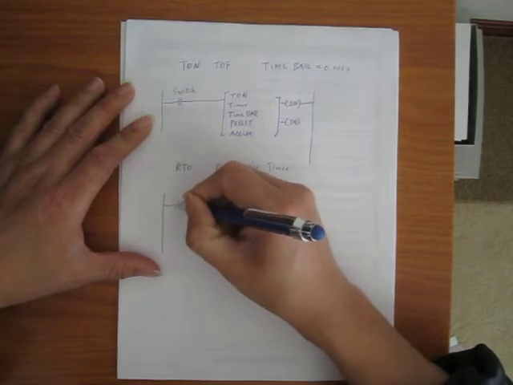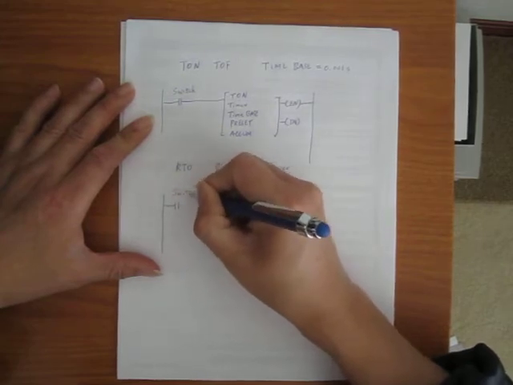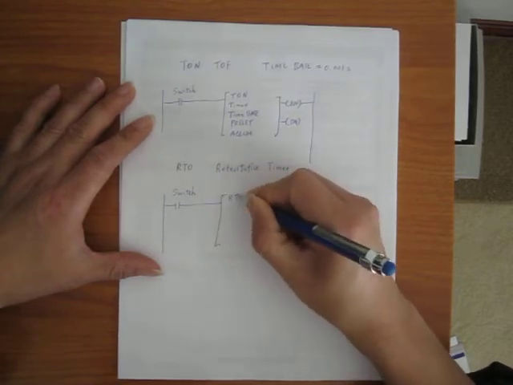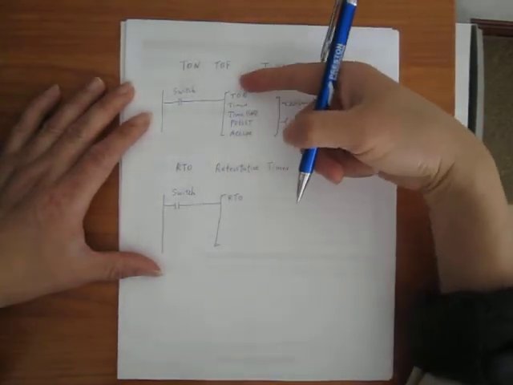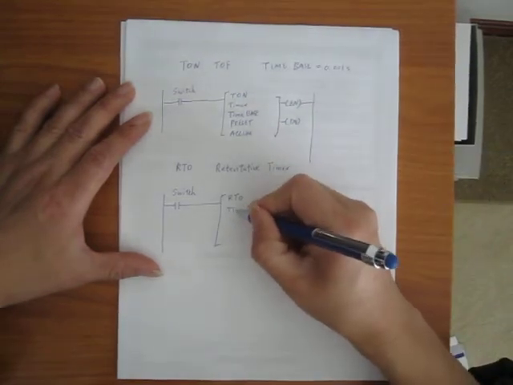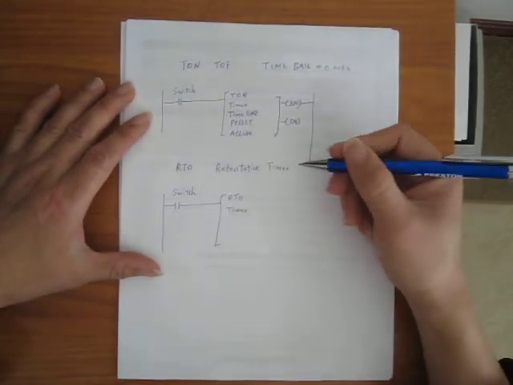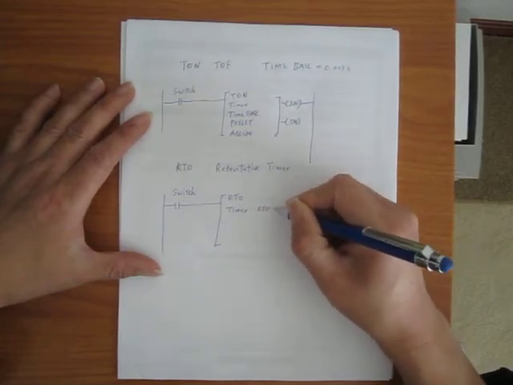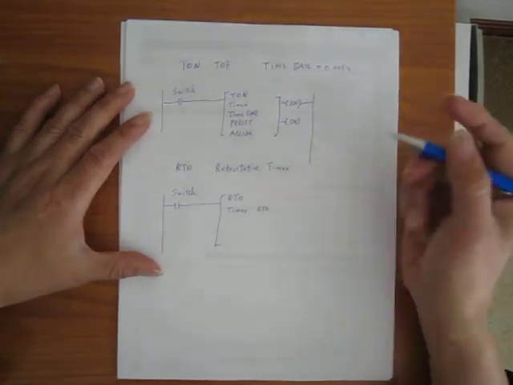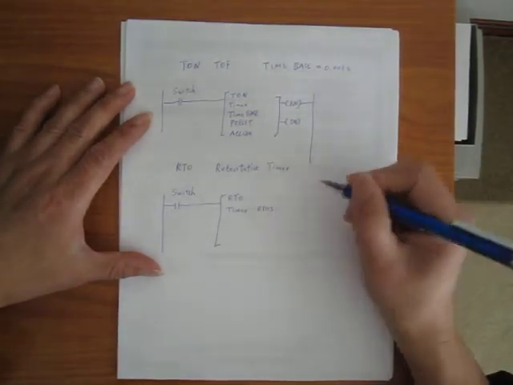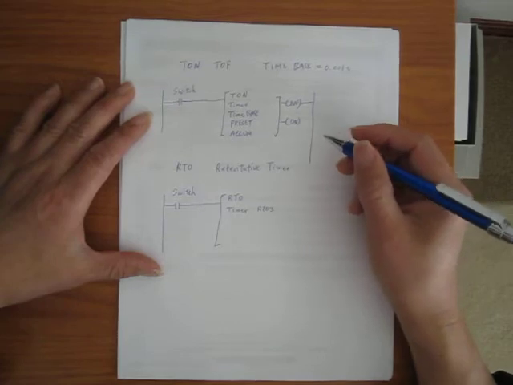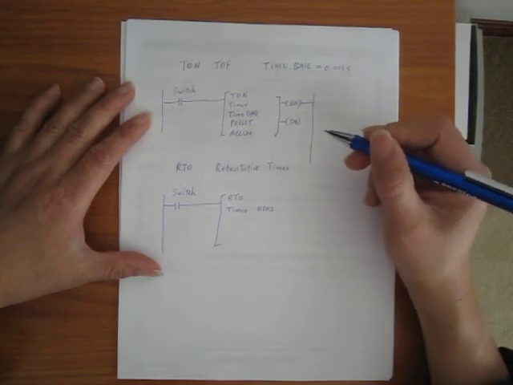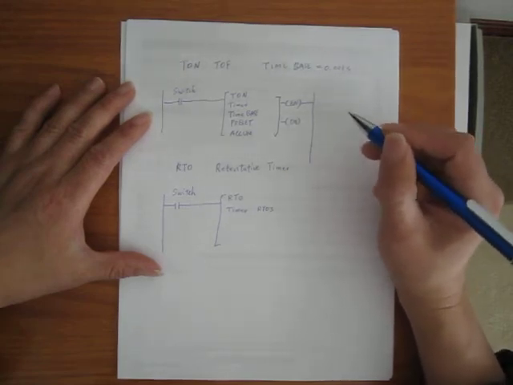Let's say we have a switch, again, to turn this RTO on. Just like TON and TOF, it has a timer name. You can give it any name. Let's say RTO3. It's a little bit different from the book. The book gave you some format like T4 column 1, T4 column 2.